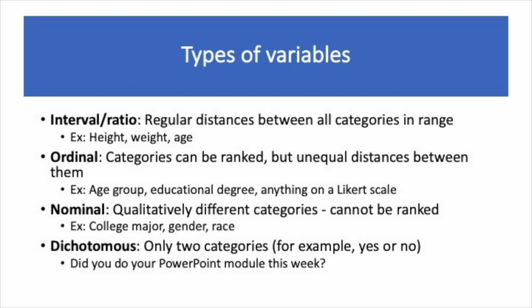Height is an example of an interval ratio variable. It's a continuous measure. There are many possible values for height. It's not just a few categories. There are lots of values. In addition, for height, let's get into the regular distances. An inch is an inch is an inch if we're measuring height in inches.